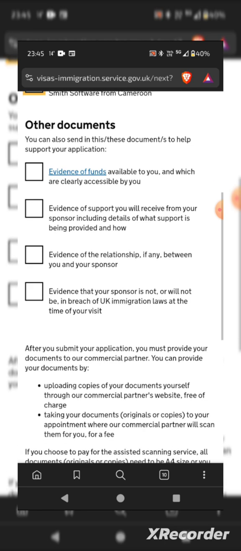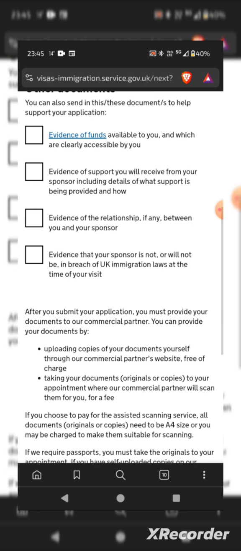And evidence of support you receive from your sponsor. This is pretty obvious evidence. Do they have a house? Do they pay tax? All those things like that. Take those documents, you put them there, and you help yourself.